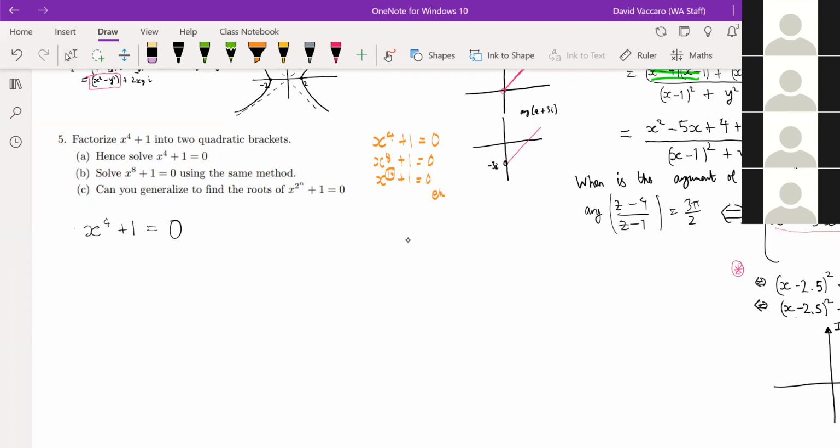So, suggestions for x to the 4 plus 1. Well, people said, I liked people's suggestion of completing the square. So, a complete square that would contain x to the 4 plus 1 is x squared plus 1 all squared.